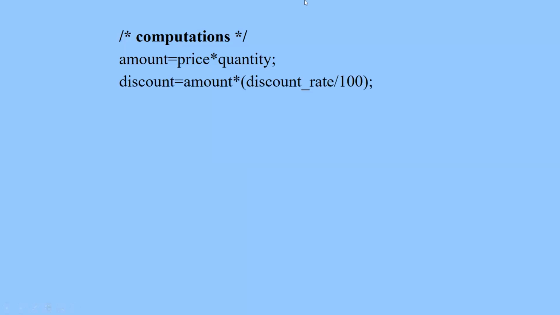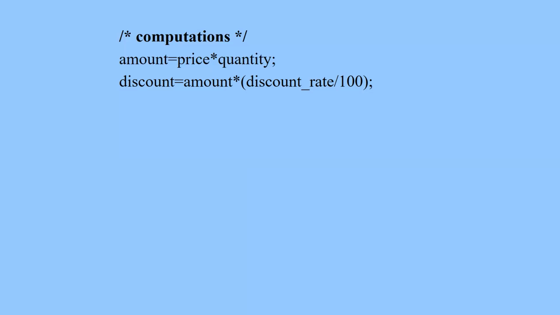Then to calculate the discount, pick what is stored in the memory location called discount rate, divide that by 100, and then what you are going to get, multiply it with what is stored in the memory location called amount. The overall value that you're going to get, store it in the memory location called discount.